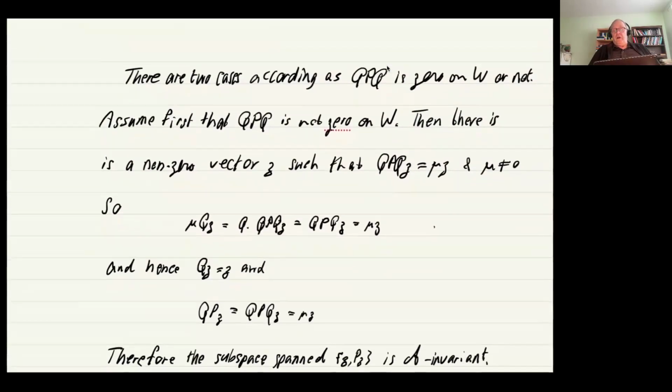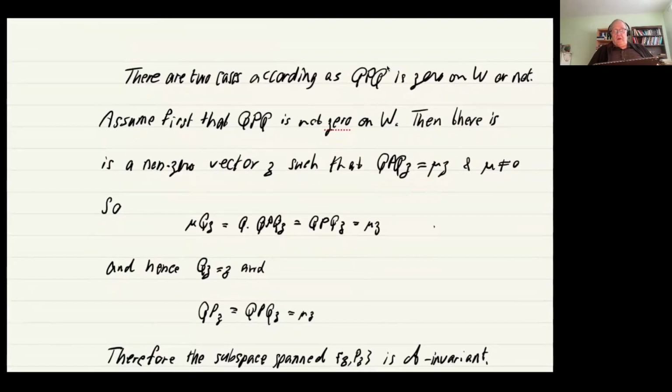It turns out there are two cases. One case is when this matrix acts as a zero matrix on W, and the other where it doesn't. The second case doesn't really happen, but we'll start with the case where QPQ is not zero. So then we have an eigenvector, and the point is that mu in this case is not zero.